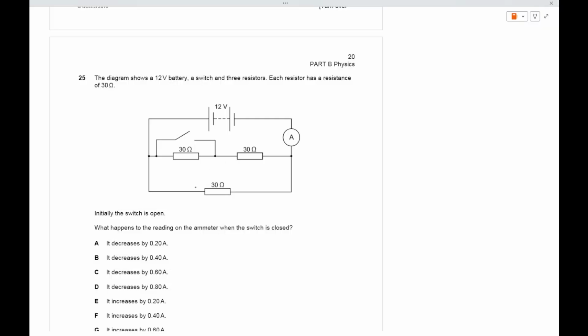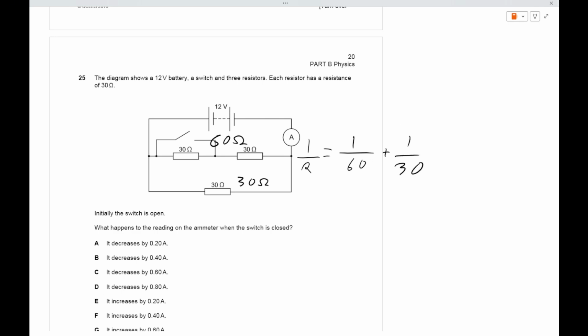When the switch is open, that means that this doesn't matter. This bit has 60 ohms and this bit has 30 ohms. So the total resistance of this is, you know that 1 over R is equal to 1 over 60 plus 1 over 30.